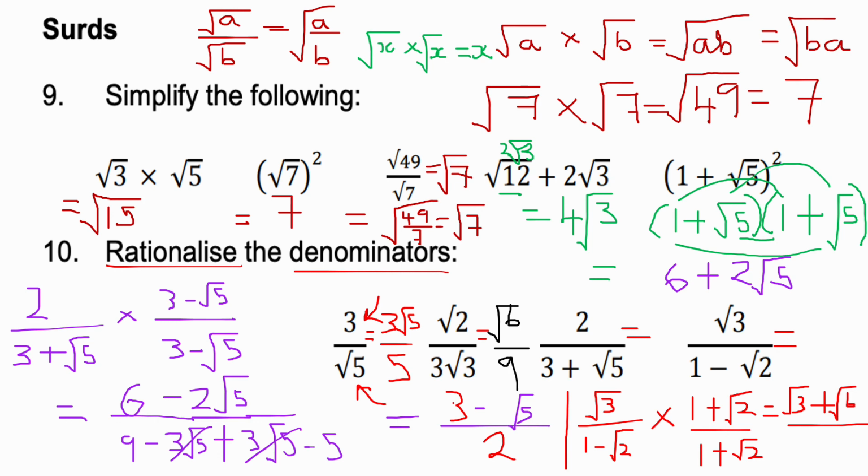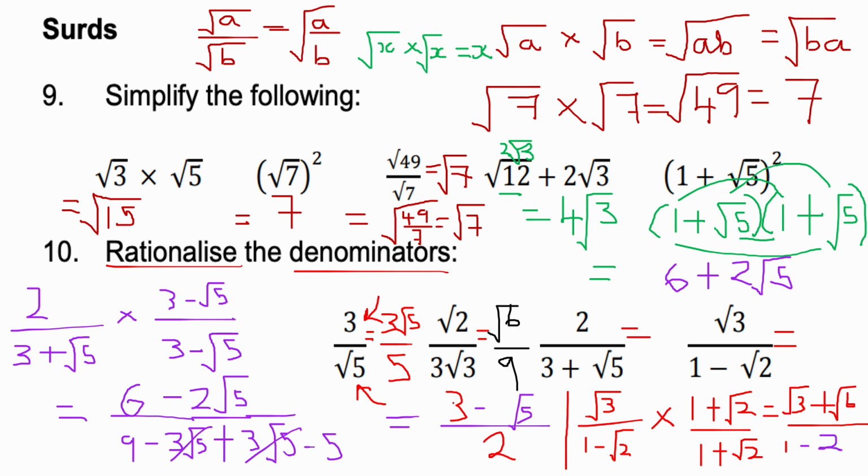Now I'm going to do this in one step, guys. I get 1 times 1 is 1, 1 times root 2 is plus root 2, minus root 2 when I times it by that, so minus root 2. That's going to cancel, and then I get minus root 2 times positive root 2, which goes to minus 2.